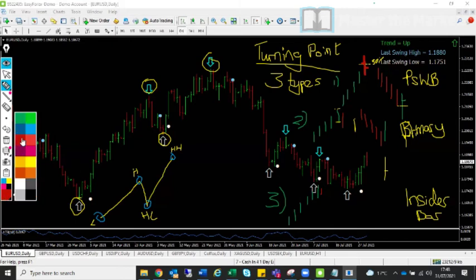This can also occur in a top to bottom move, where the daily bar does not break the previous day's high or low. And this again could signify a turning point in the market.